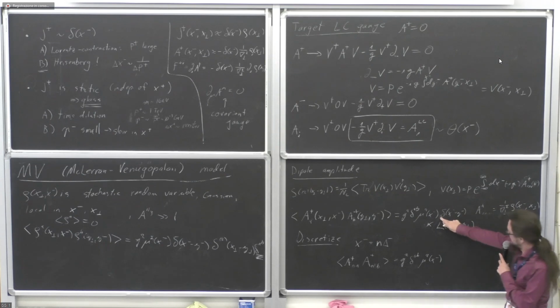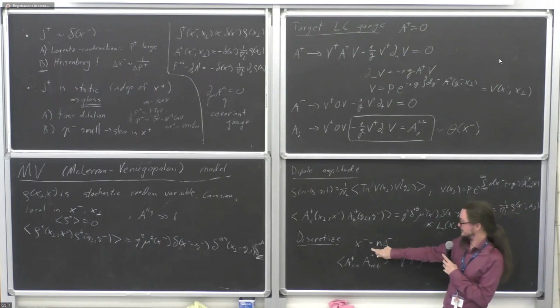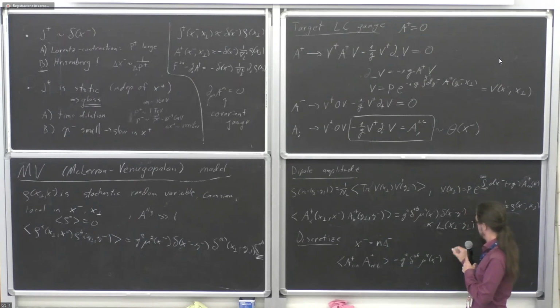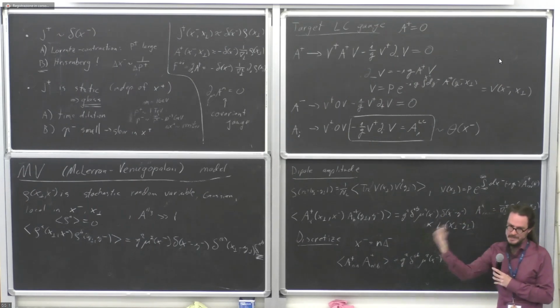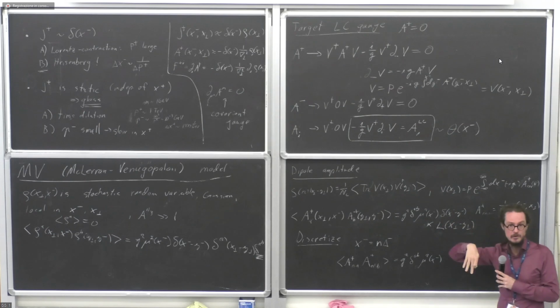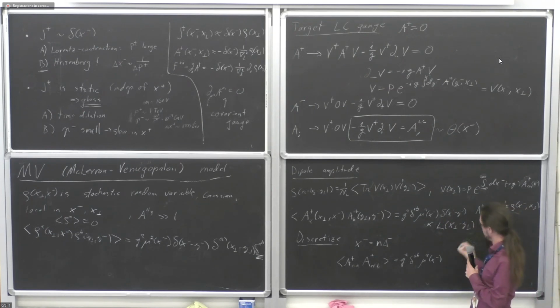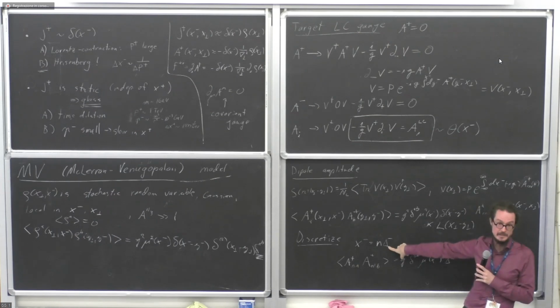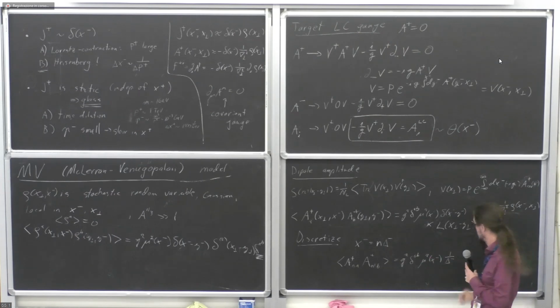Now the delta function of x minus minus y minus, I want to write as a discrete thing. The delta function dimensionally has dimensions of 1 over the argument, right? So the discrete analog of the delta function is 1 over this infinitesimal step in x minus times a Kronecker delta n n prime.